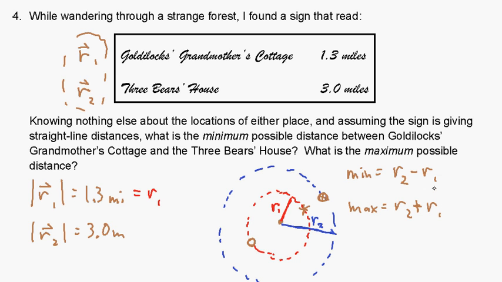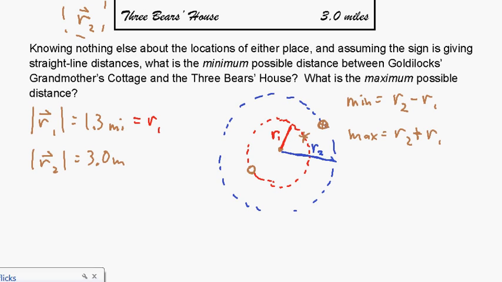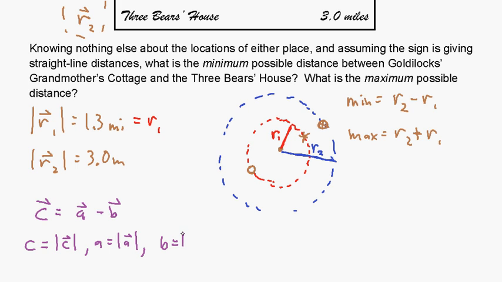So what this generalizes to, if we want to take this to a generalized point about vectors, then say we have two vectors, and let's say vector C equals vector A minus vector B. If C is the magnitude of vector C, A is the magnitude of vector A, and B is the magnitude of vector B, then what you know is that C must be greater than or equal to the absolute value of A minus B, since we haven't specified whether A or B is longer.